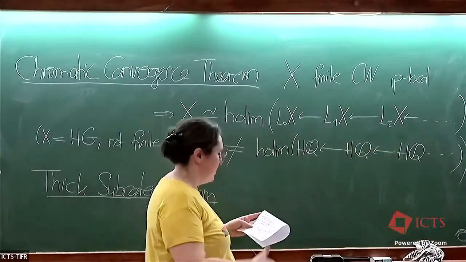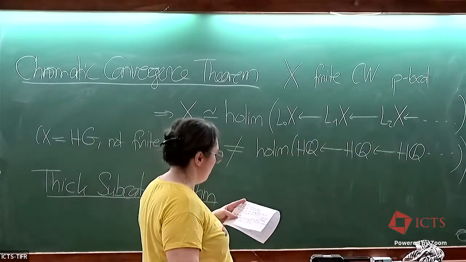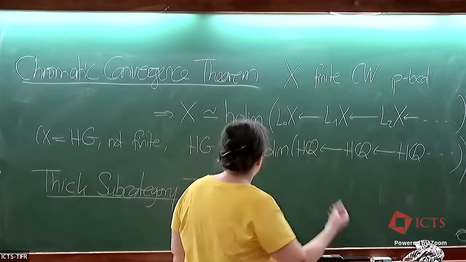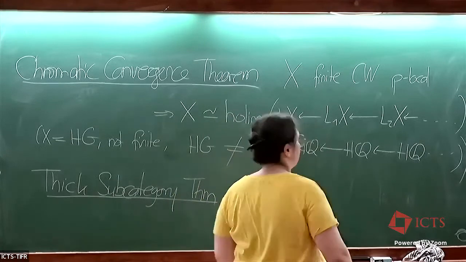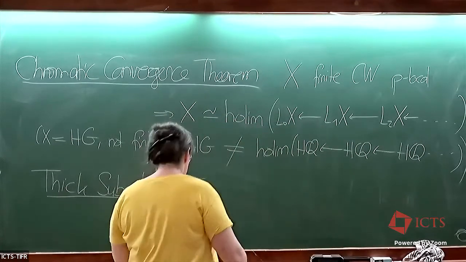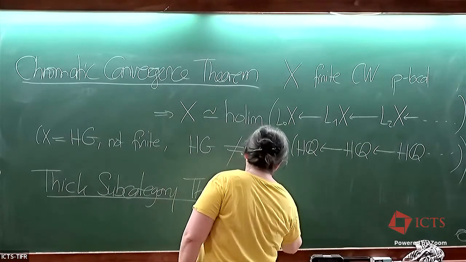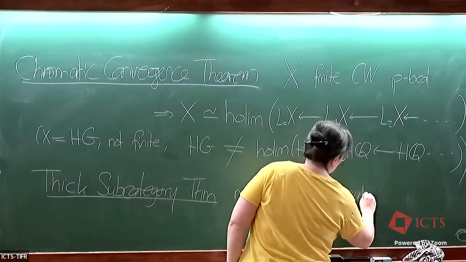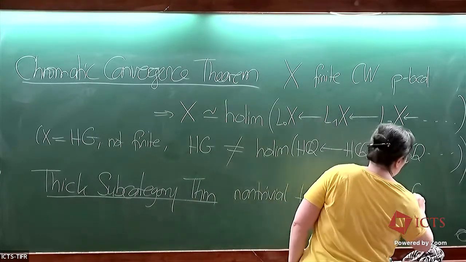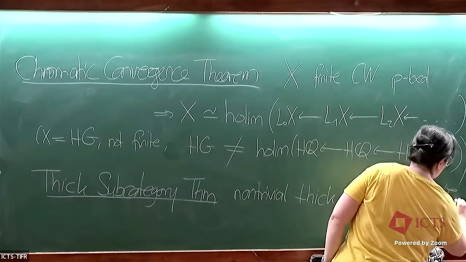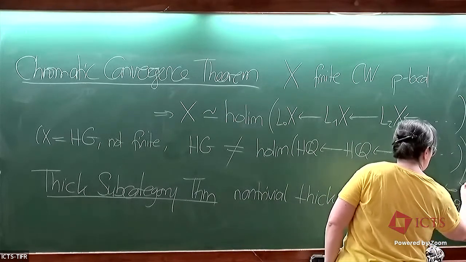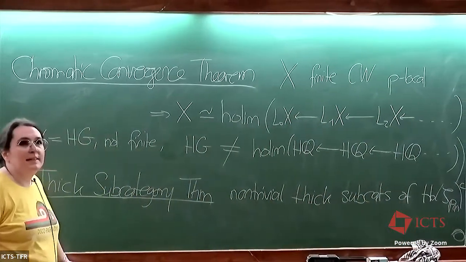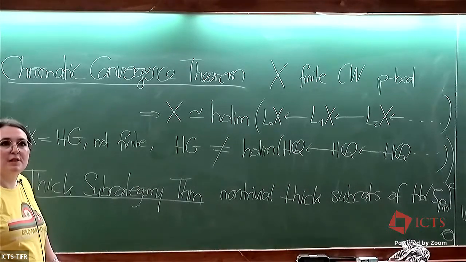Here we have to restrict ourselves to compact things. So the non-trivial thick subcategories of the compact objects in the p-local stable homotopy category are exactly the K_n acyclics for varying n.